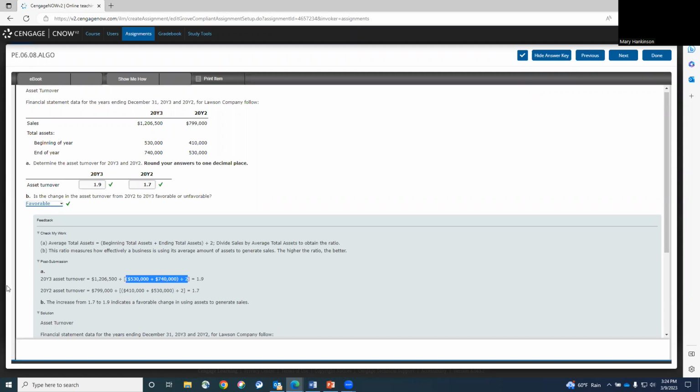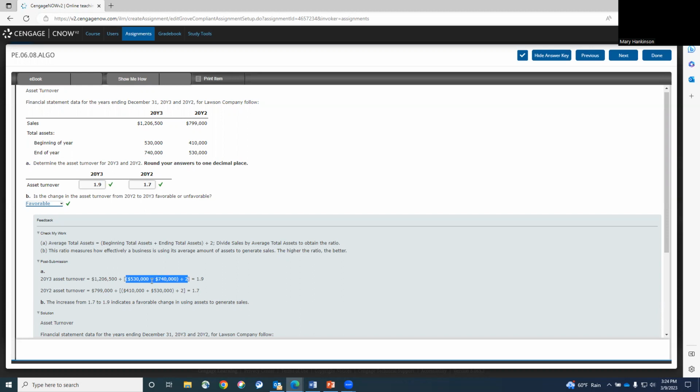All right, so I'll do that math really quickly. All right, so your average here, based on this math, your average total assets is 635,000.